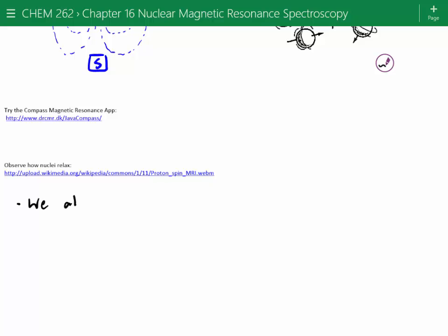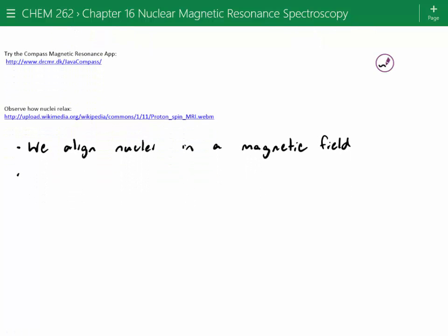we align nuclei in a magnetic field, and then a second perpendicular magnetic field is applied.